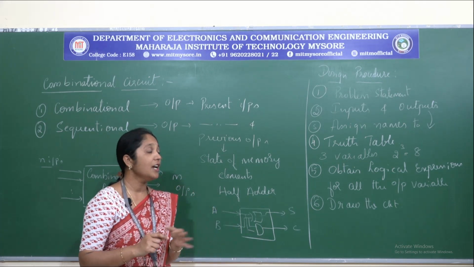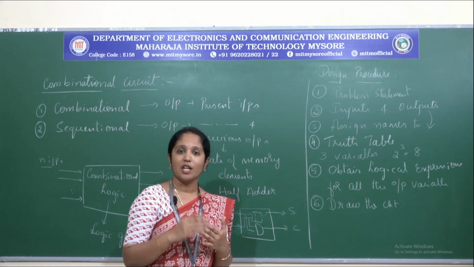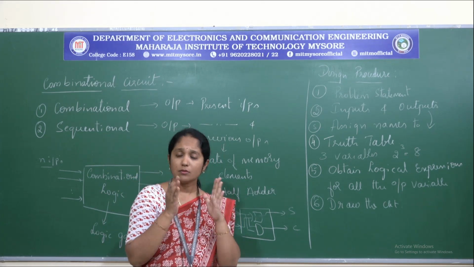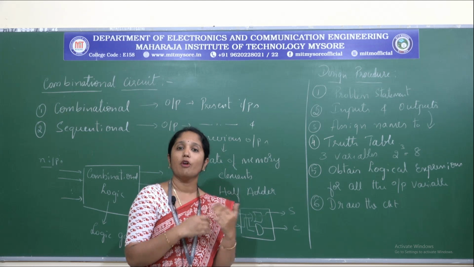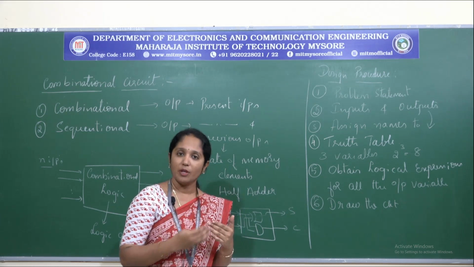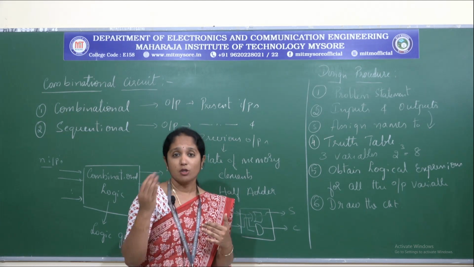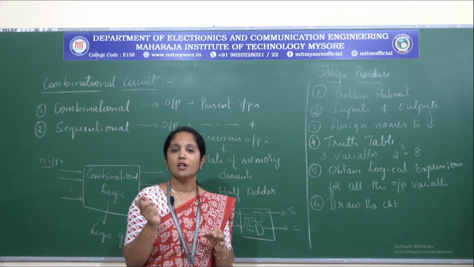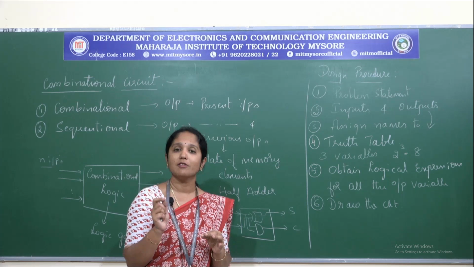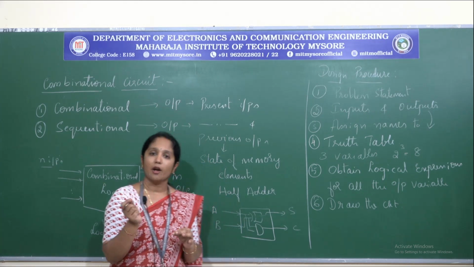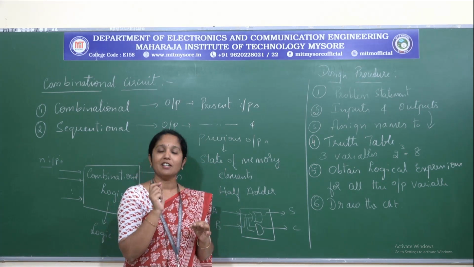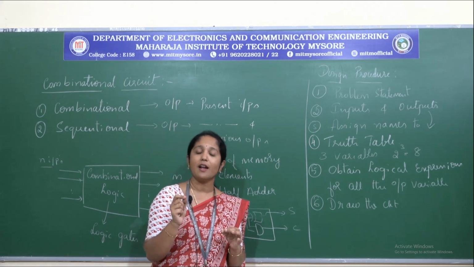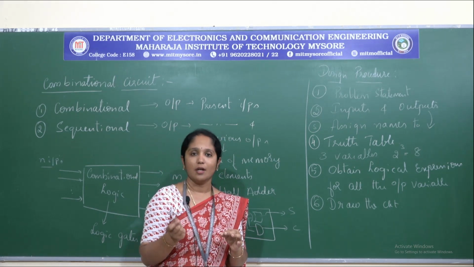Next, after assigning, we are going to write the truth table. A truth table is a table consisting of all the possible combinations of inputs, and for the corresponding inputs we will be having outputs also. So we are going to assign logic 1 or logic 0 according to the problem statement. Whatever output we desire, according to that we assign values to the output.